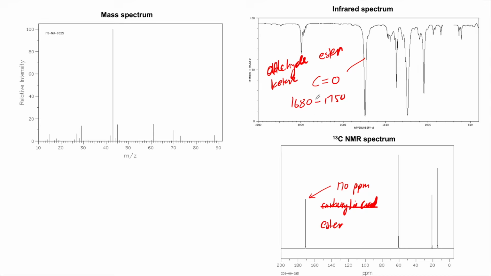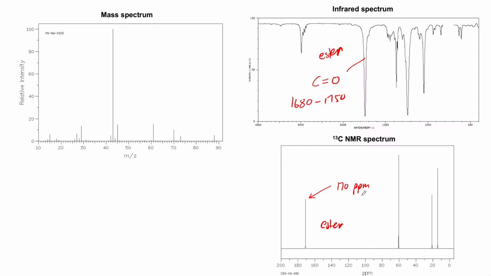So by combining your findings in the infrared spectrum and the far left-hand side of the carbon-13 NMR spectrum, we have already identified that the functional group is definitely an ester. It cannot be an aldehyde or ketone, as the carbon environment in these 2 functional groups will give you a chemical shift that's above 180 ppm, so a bit further to the left in the spectrum.